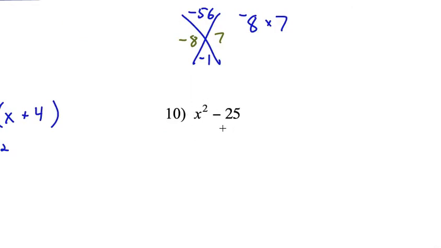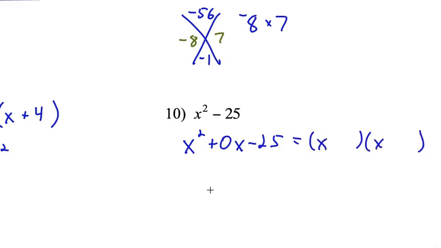This is not a trinomial, but it's a special kind of binomial that factors exactly like the others. I'm going to take a moment to rewrite this as x squared plus 0x minus 25. So we notice that this one was missing the middle term. So we have x times x is x squared. Now we need to think of two numbers that multiply to make negative 25 and have a sum of 0.